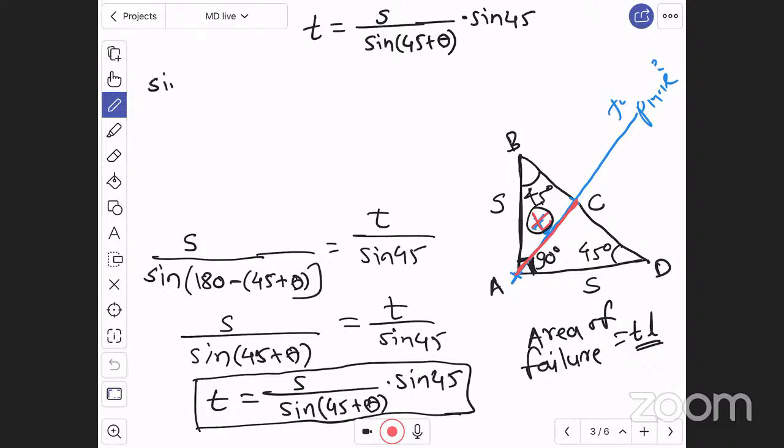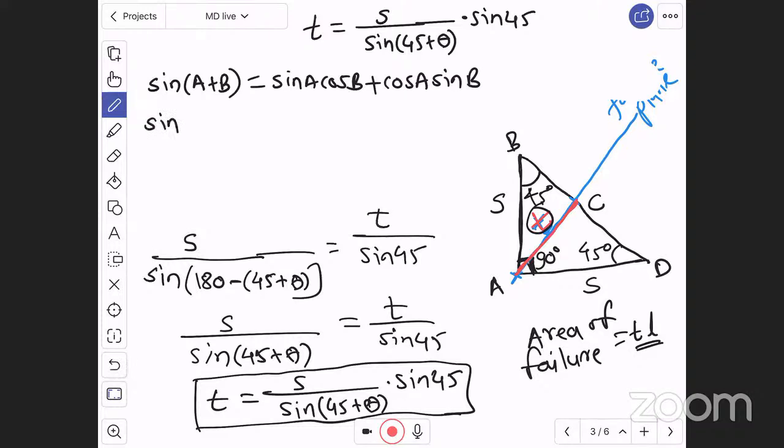Now we have one more sine property: sine (A plus B) is nothing but sine A cos B plus cos A sin B. This is a sine property, right? Use it here.